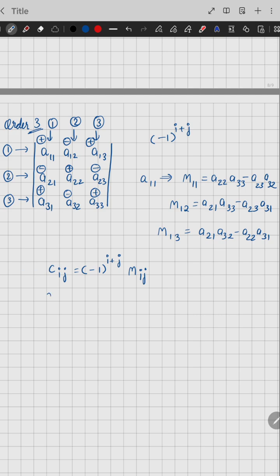Suppose we have chosen row 1 for calculating our answer. C11 plus C12 plus C13 will give our determinant, suppose B.